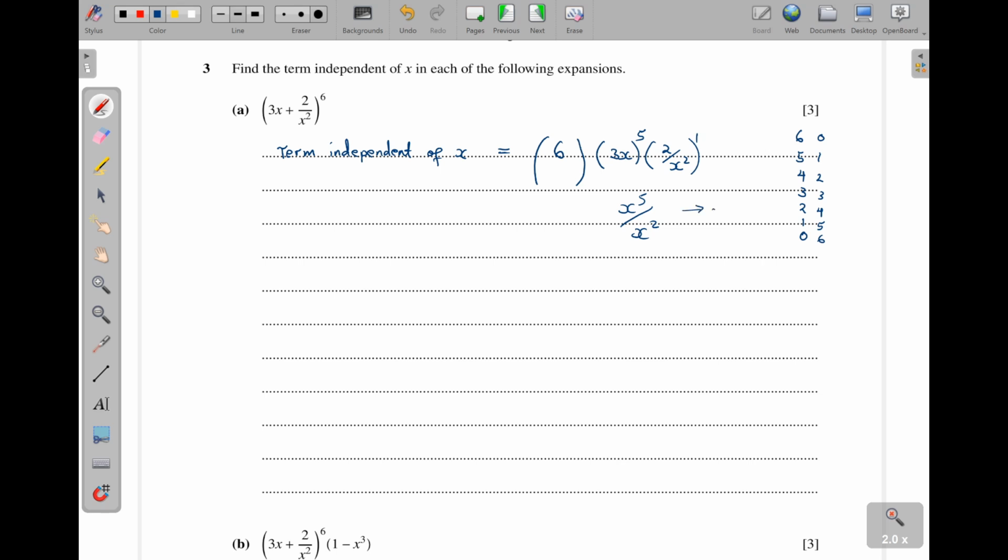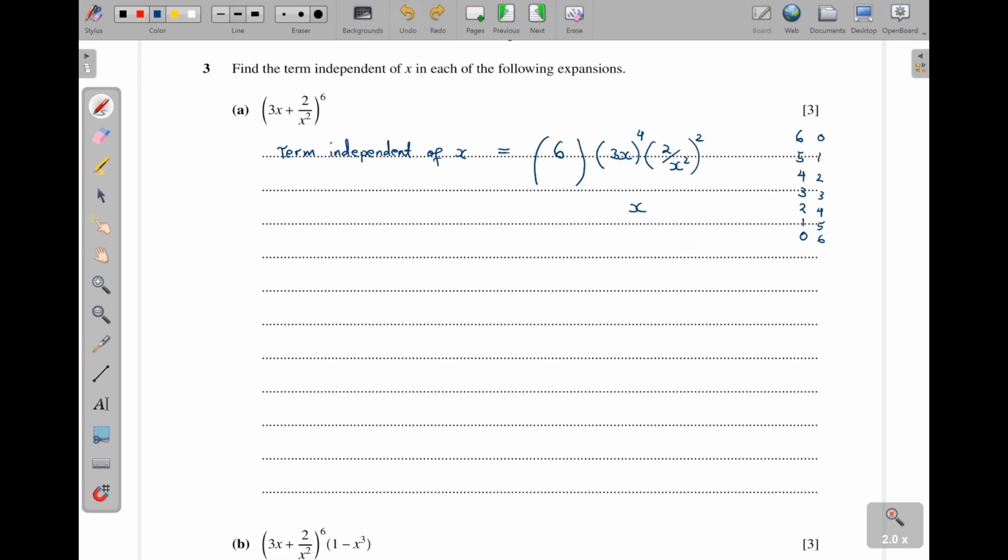It will end in x power 3. Then the next pair in line is 4, 2. So this will be x power 4 over x power 4, and the x disappears.